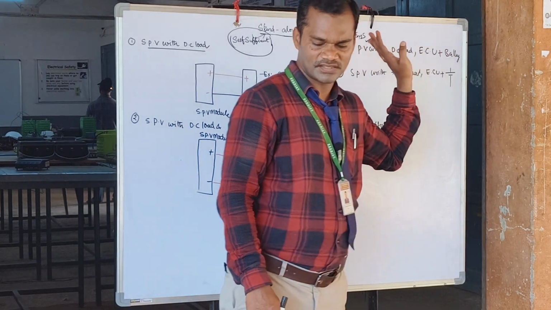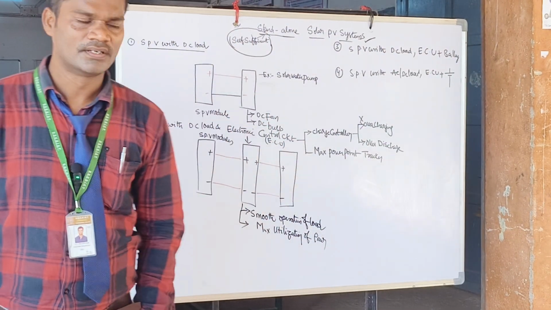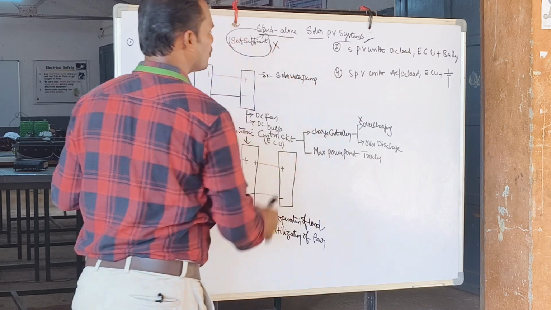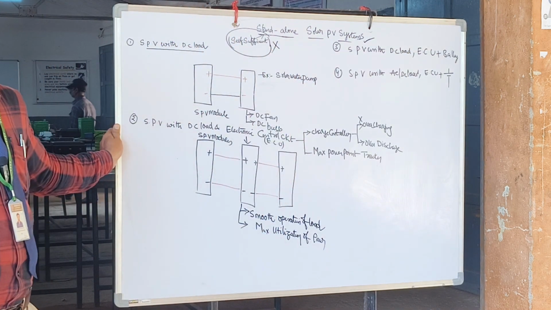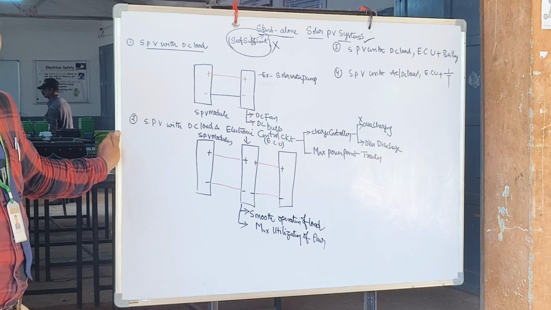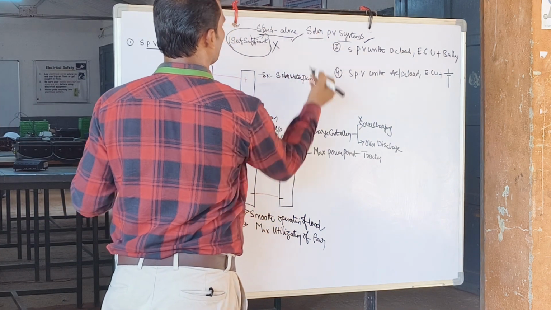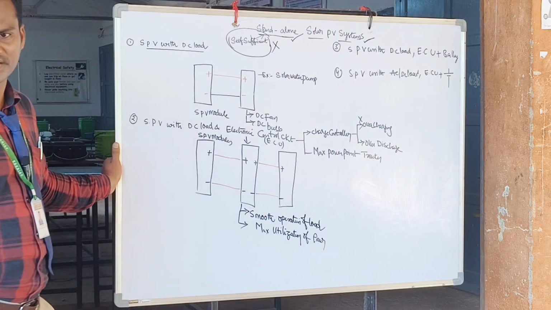This is why these systems are called standalone solar PV systems. They will never turn off, 24/7. They can supply power because they are dynamically designed. That's why standalone systems are 100% perfect compared to grid connected systems.